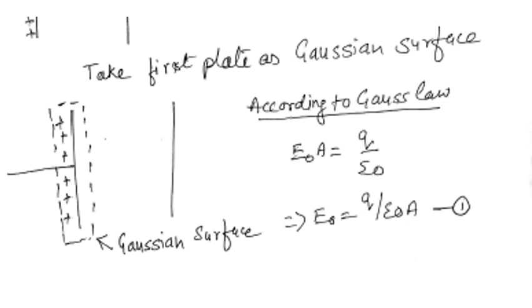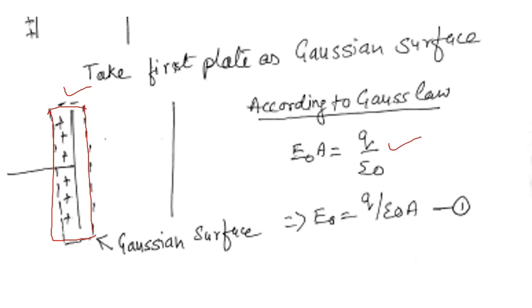If we take the first plate as Gaussian surface, as it is shown here, then we can use Gauss law to calculate electric field, and we have chosen the Gaussian surface in such a way that it encloses only this plate of area A. Then according to Gauss law, the flux enclosed by this surface is equal to Q over epsilon 0.